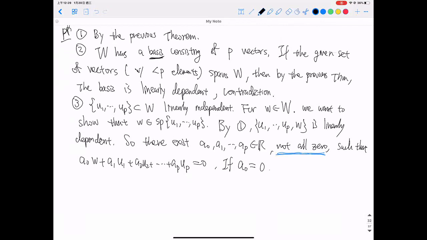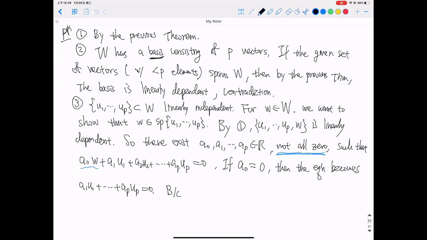If A0 is 0, then this first term, A0 w, drops out. The equation thus becomes A1 U1 plus up to AP UP equal to 0.